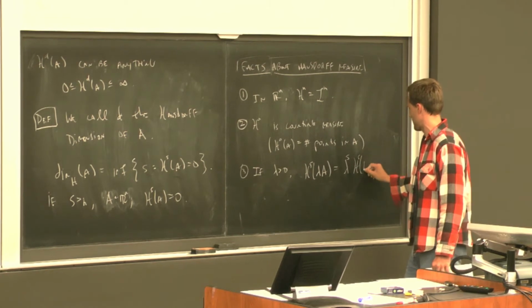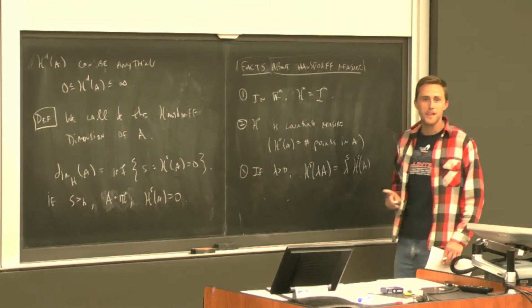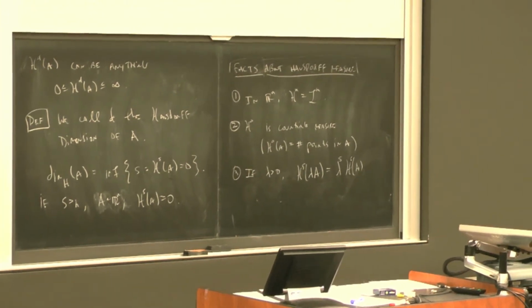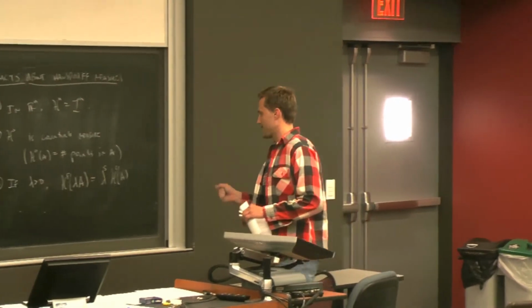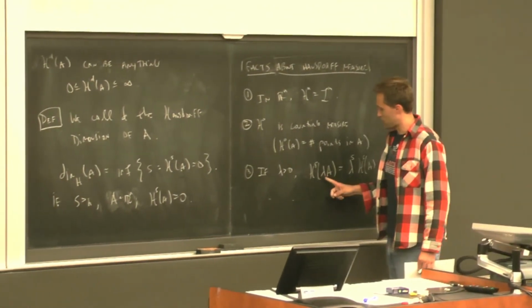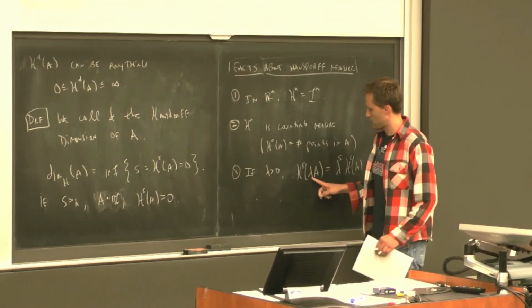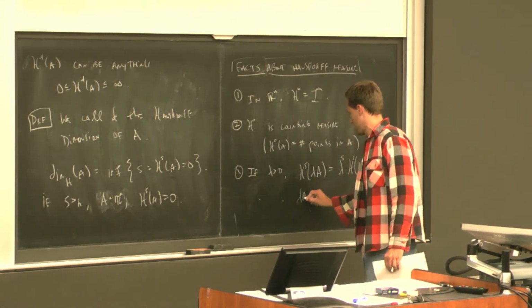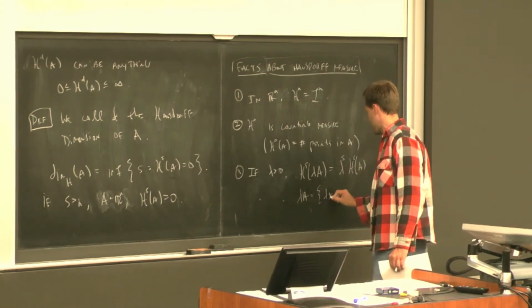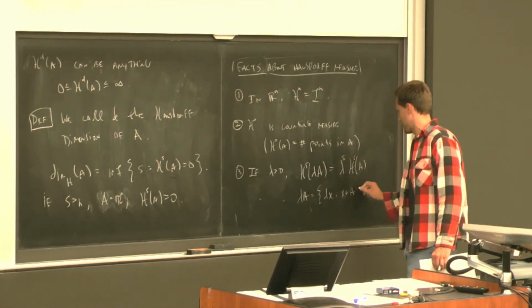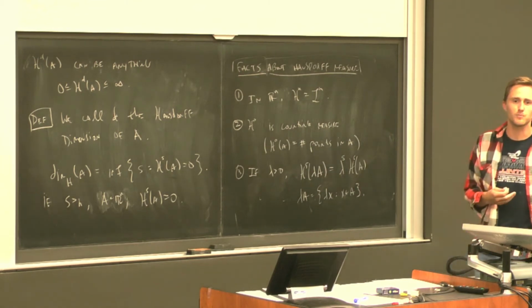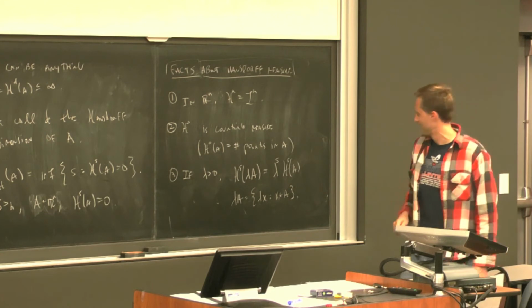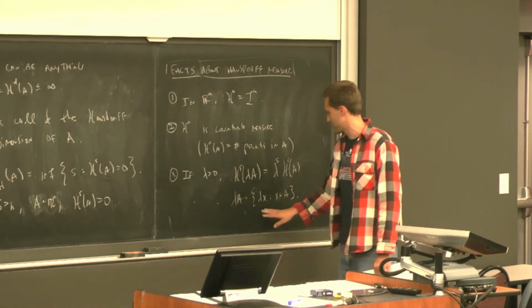Suppose it's in Rn. Then lambda A is just the set of all points lambda x such that x is in A. Everything's in Euclidean space, a vector space over the reals, so you can just multiply by a constant.